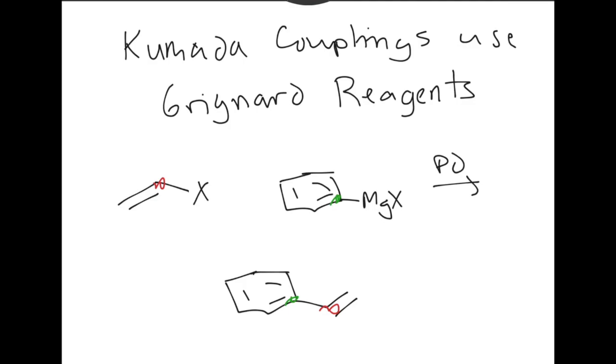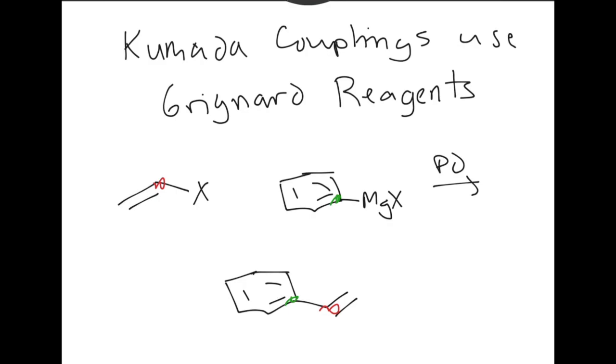So the Kumada coupling is pretty useful as well. Usually the advantage of a Stille reaction is that alkyl tins or aryl tins you can just buy. Those are just something you can go order, and they're relatively stable, so you can take them off the shelf.